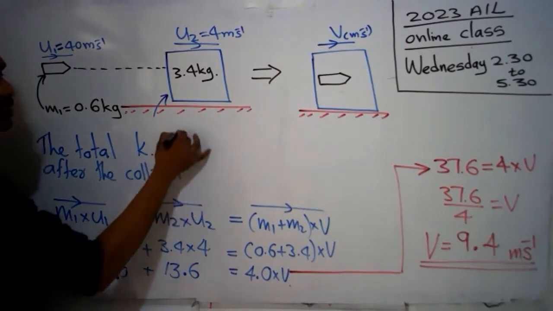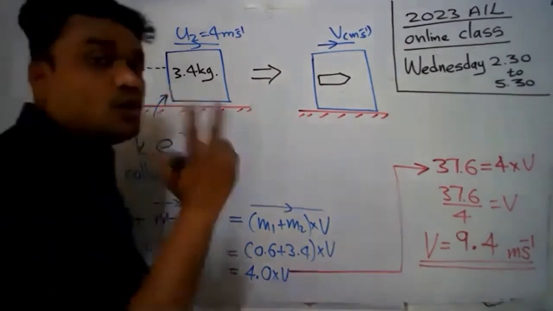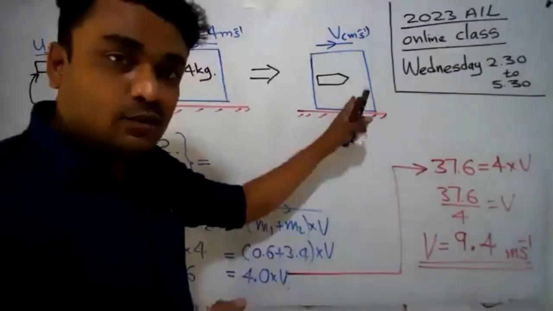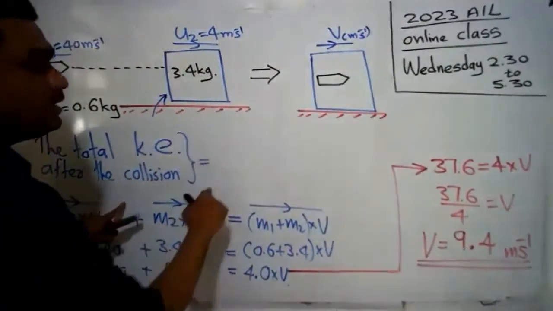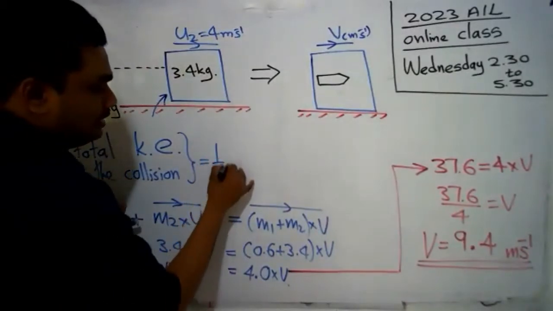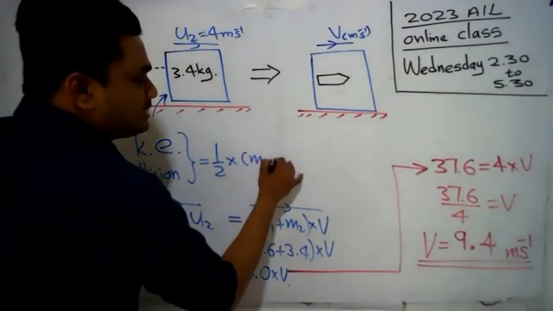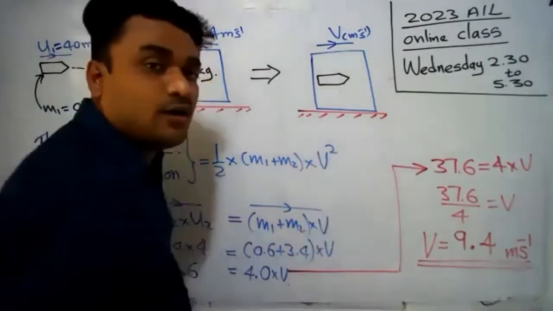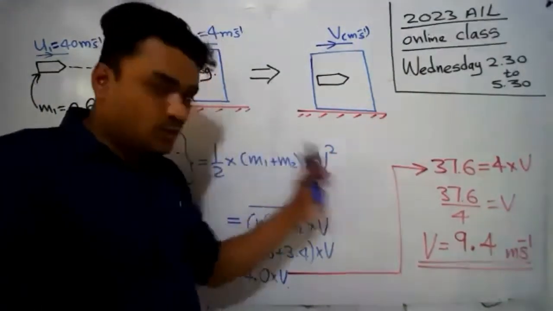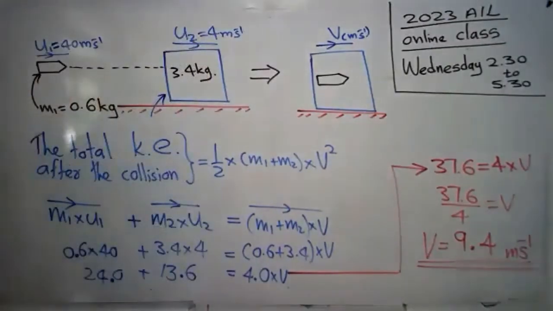After the collision, we don't have two objects. We have only one object, a block with a bullet. The bullet is inside the block. So the mass of the object is m1 plus m2. Its velocity is v, and we have to get the square of this velocity. You are trying to find the total kinetic energy of the system after the collision. Here, please give a try.